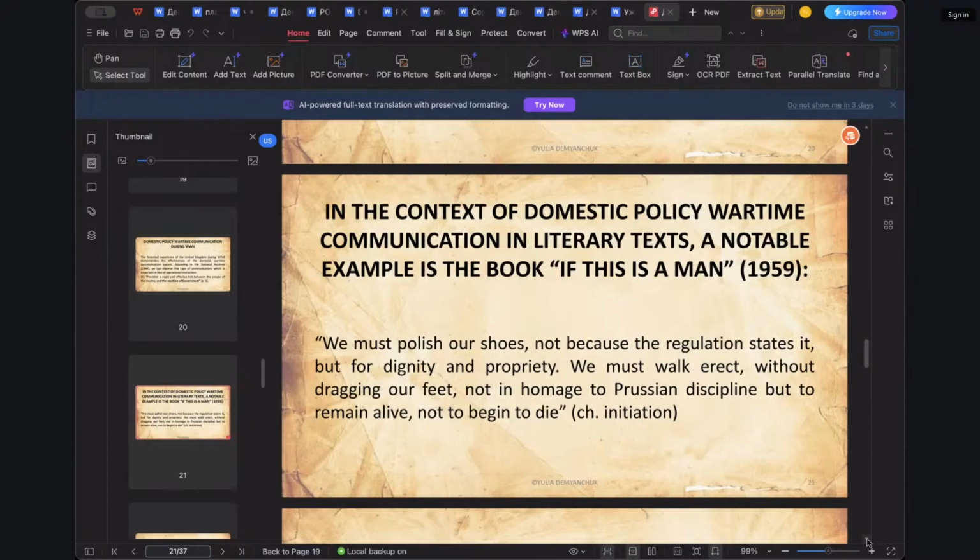For instance, the phrase "to remain alive, not to begin to die" expresses a position of resistance. In that vein, domestic wartime communication is a verbal act of conceptual critique of the regime of violence.